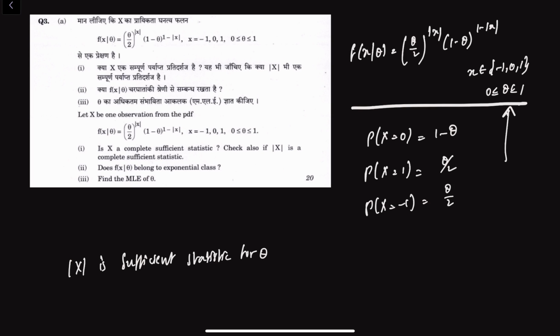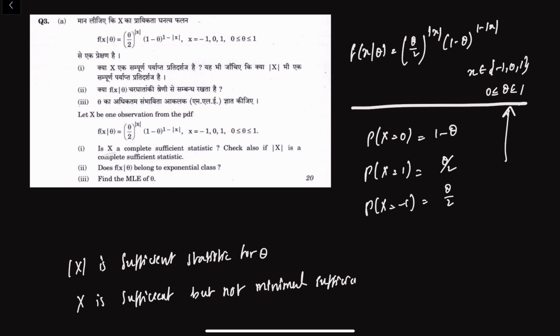And the full datum x is trivially sufficient too, because the data itself is always sufficient. But it is not minimal sufficient, because the model depends on x only through mod x.